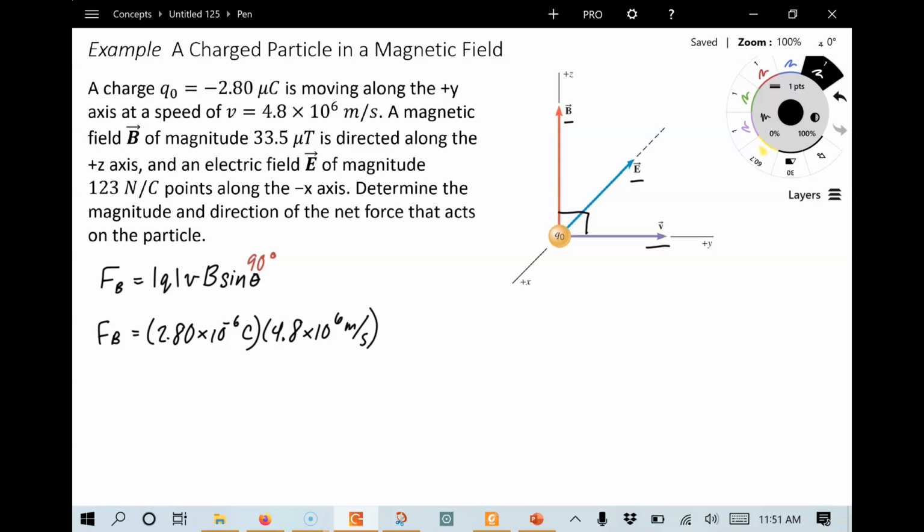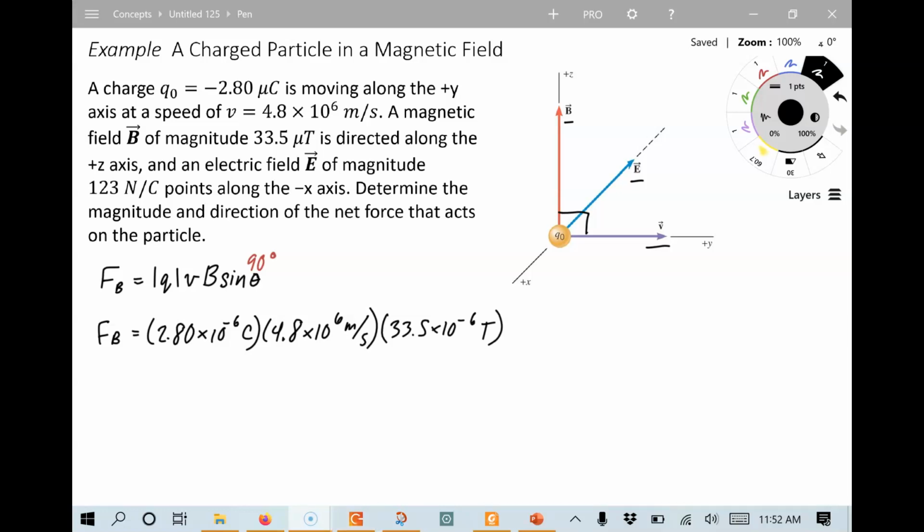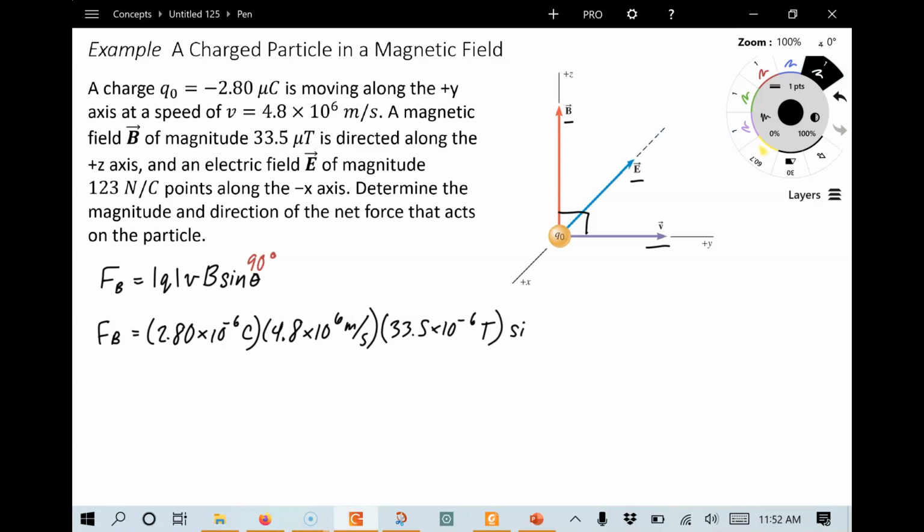The magnetic field magnitude is given to us, 33.5 times 10 to the minus 6 Tesla. And sine of 90 degrees, well, that's going to be equal to 1. And just to check that I'm in SI units, coulombs, meters per second, Tesla, good. That means I'm going to end up with newtons of force here when I calculate this.